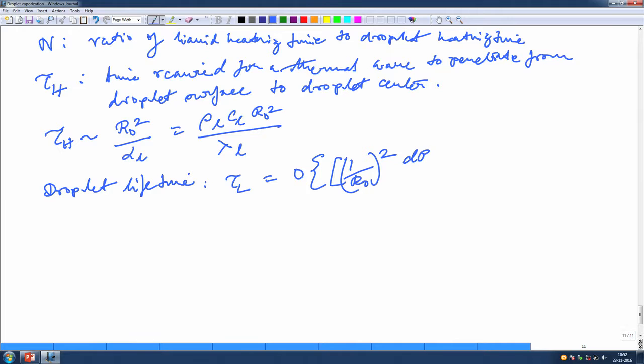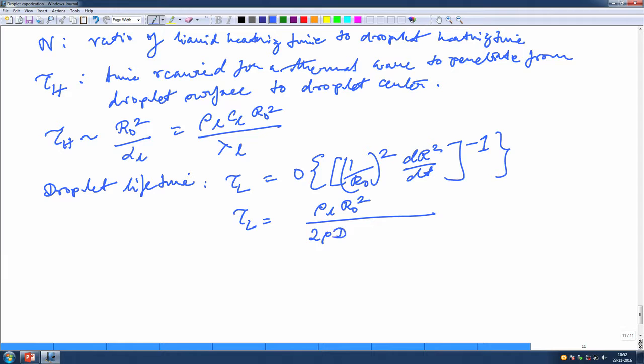Okay. Now, the droplet lifetime on the other hand, lifetime is given by tau L. What is the order of this? Its order is 1 minus R naught square, dr square by dt to the power minus 1. So, tau L is basically given as rho L R naught square divided by 2 rho D log 1 plus b, right.